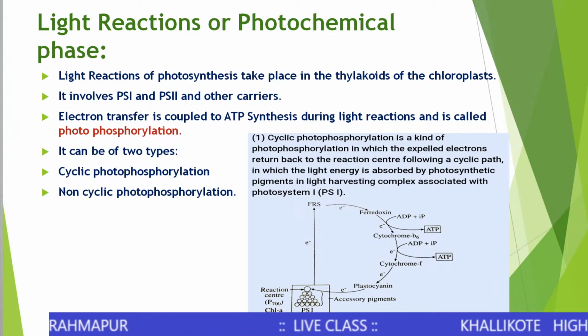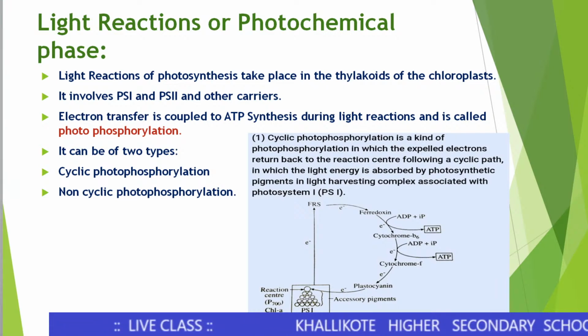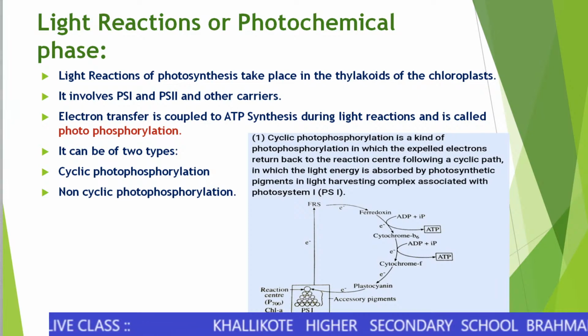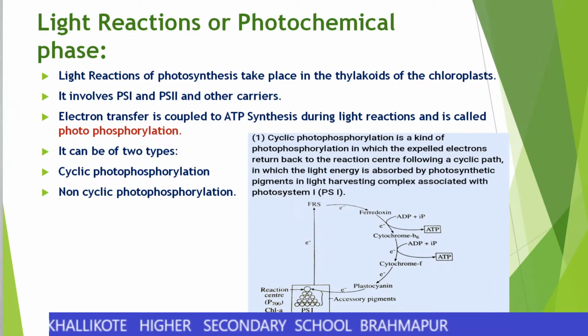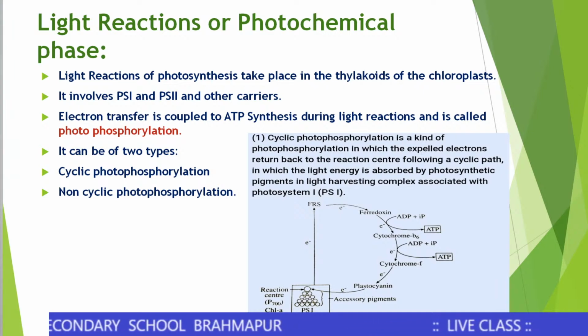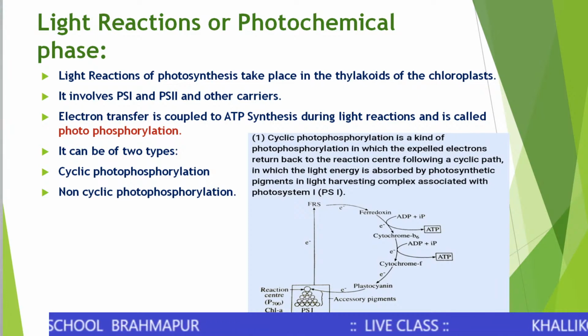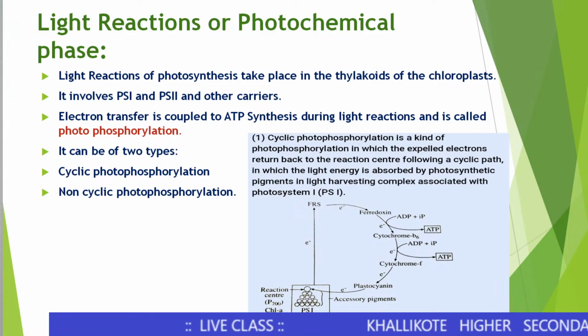When this electron is expelled, it is first taken up or accepted by the primary electron acceptor molecule, which is an iron sulfur protein. This iron sulfur protein is the first primary acceptor of electron in photosystem 1.